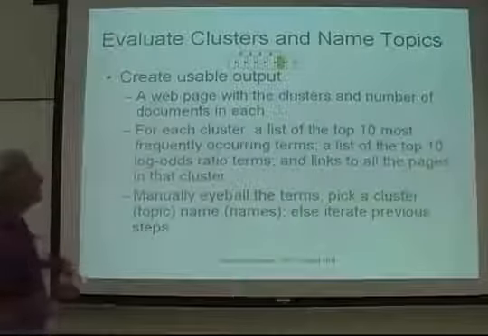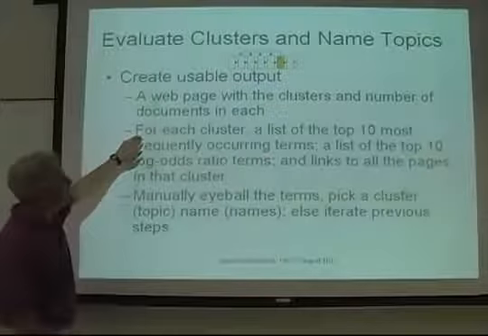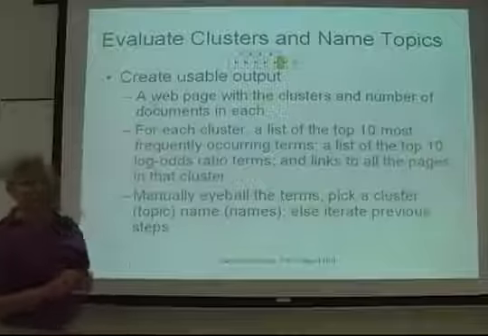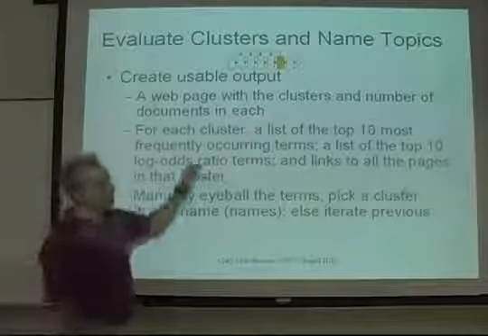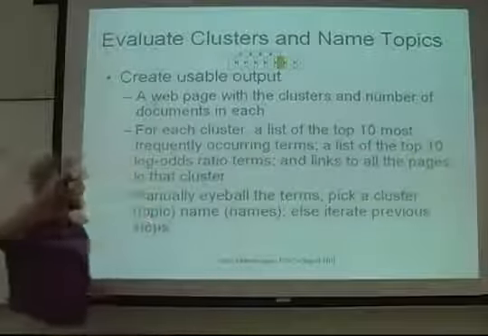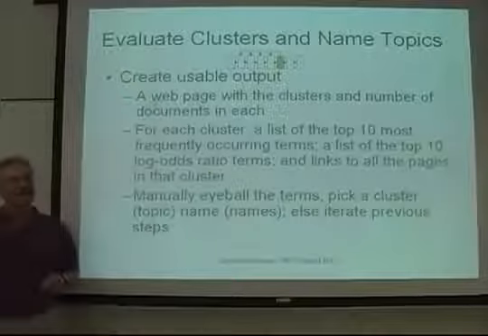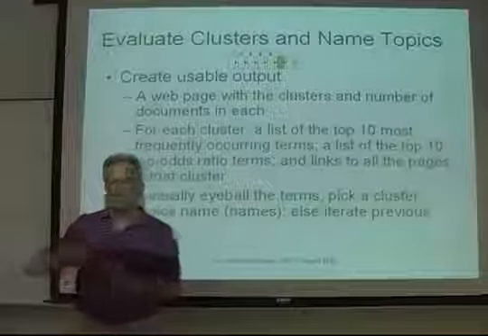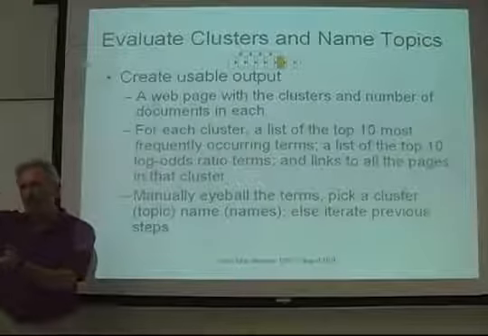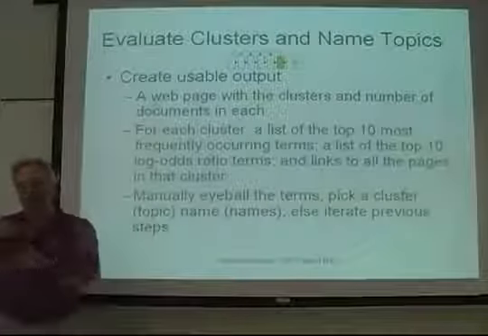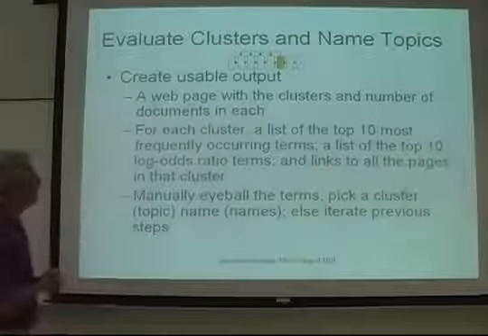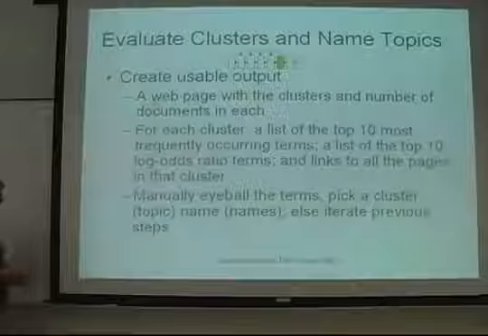And so what we did was we created usable output. We created a web page that took the clusters and the number of documents in each. And for each cluster, we gave a list of the top most frequently occurring terms and a list of the top log odds ratio terms. These are the terms that were frequently occurring, but now down-weighted or up-weighted by their distribution across the document corpus.